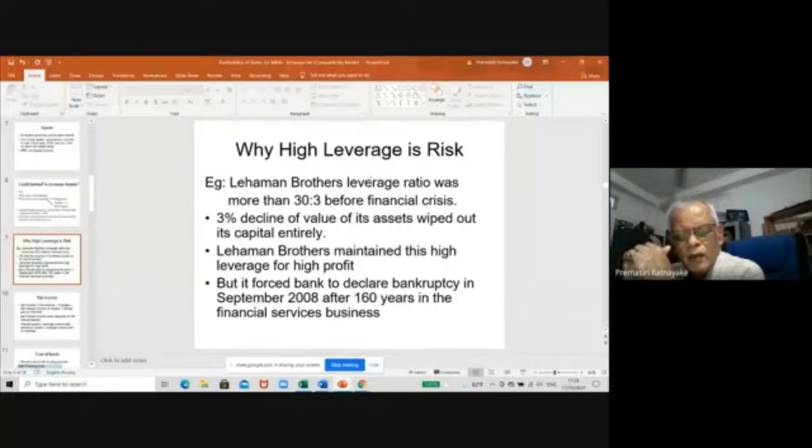A 3% decline of value of its assets wiped out its capital entirely. Lehman Brothers maintained this high leverage for high profits, but it forced Lehman Brothers to declare bankruptcy in September 2008 after 160 years in the financial services business.